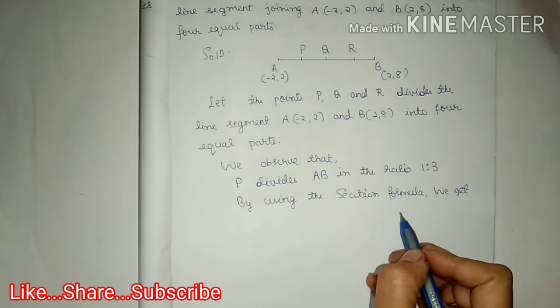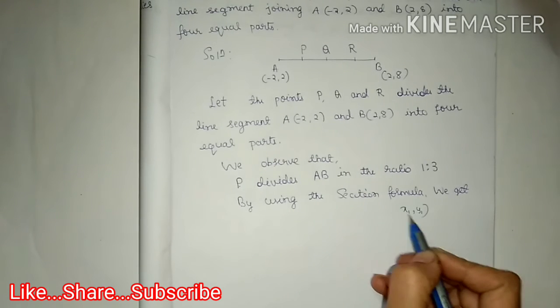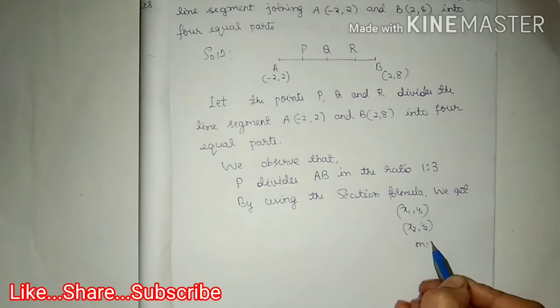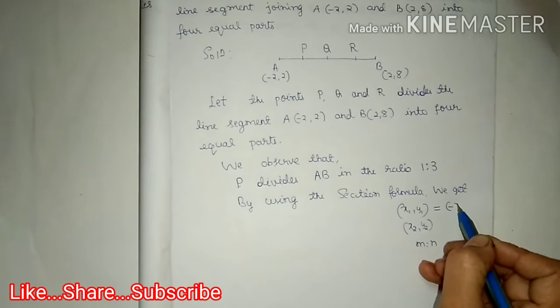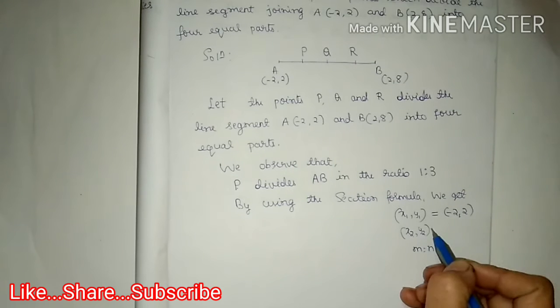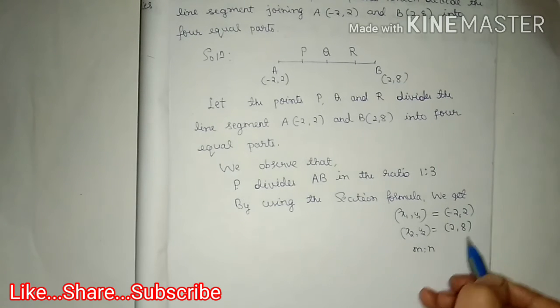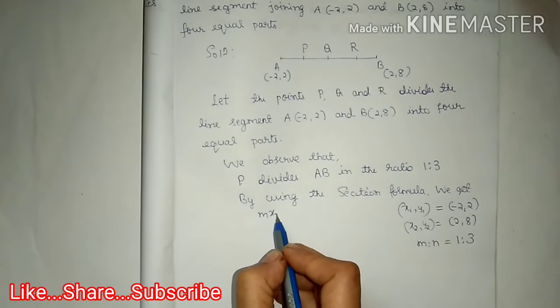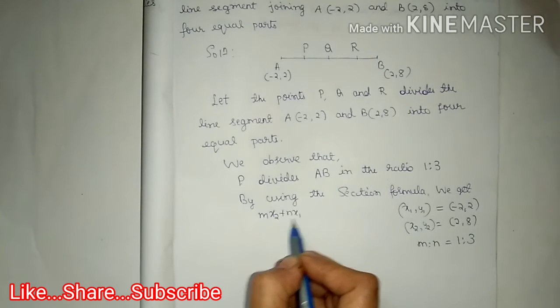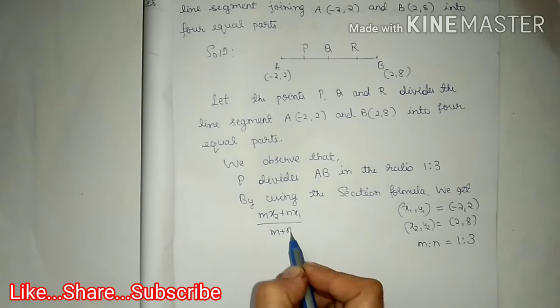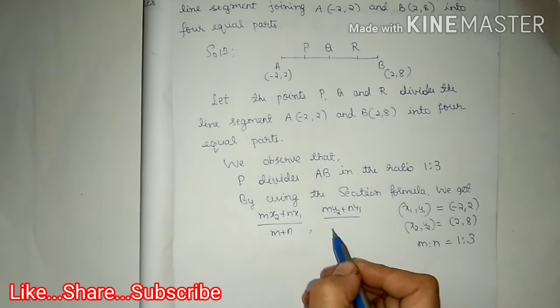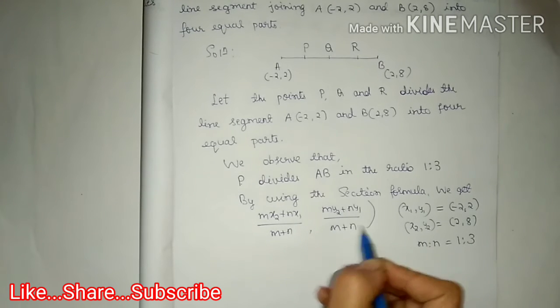Here (x1, y1) is (-2, 2), (x2, y2) is (2, 8), and m:n is 1:3. The section formula: x coordinate is (mx2 + nx1)/(m + n), y coordinate is (my2 + ny1)/(m + n).